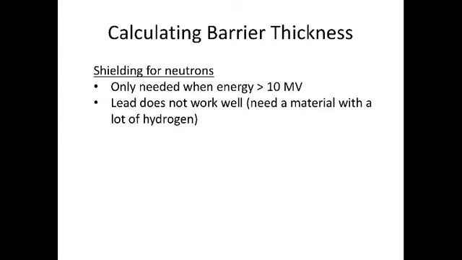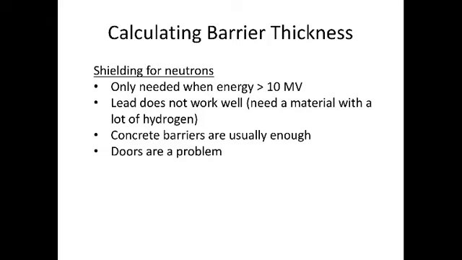You need a material with a lot of hydrogen because you need the elastic scattering that happens with the hydrogen nucleus. Concrete barriers are usually enough to shield for neutrons, but you have to worry about situations where there's steel. And so doors are one example. There's a problem because there's not a lot of hydrogen in it.